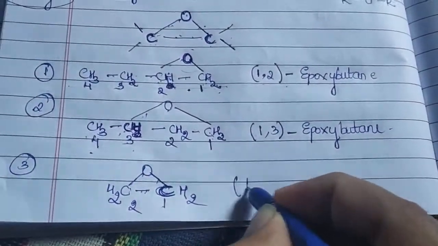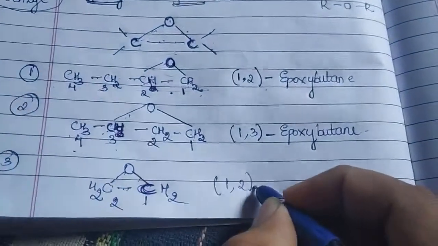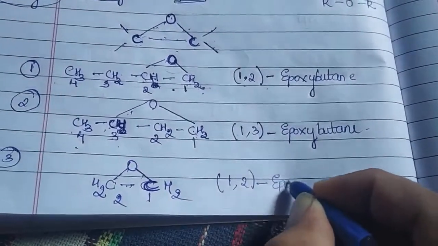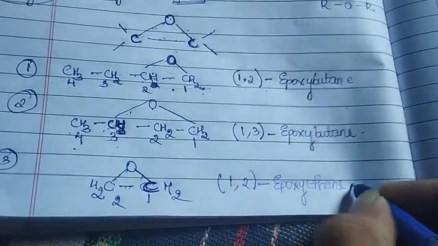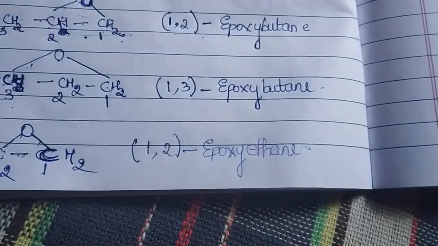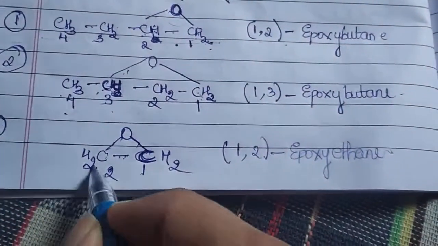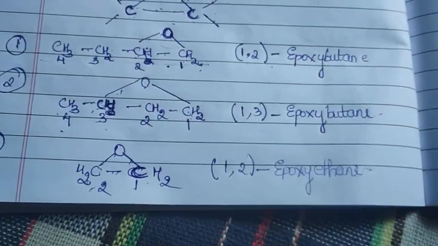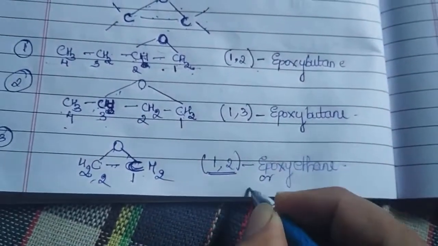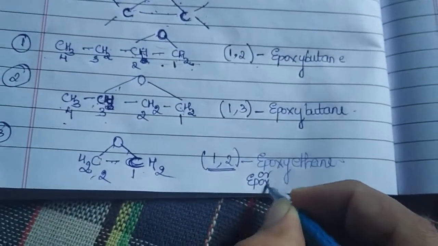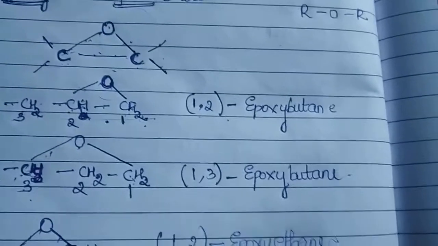How can I write it? 1 2 epoxy ethane. So in certain scenarios, since you have only 2 carbon atoms, in some cases we neglect this position, or you can directly write it as epoxy ethane. Epoxy ethane. Are you getting the point, guys?